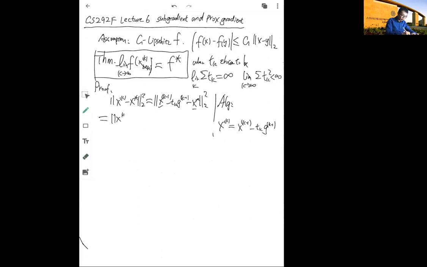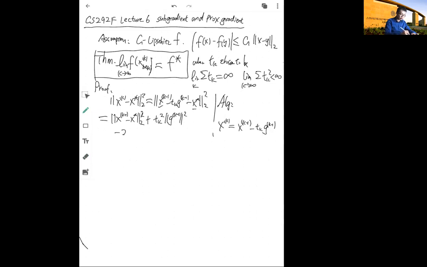Like before, we have the two square terms, t_k squared times ||g_{k-1}|| squared, and then there are cross terms that we cannot miss.